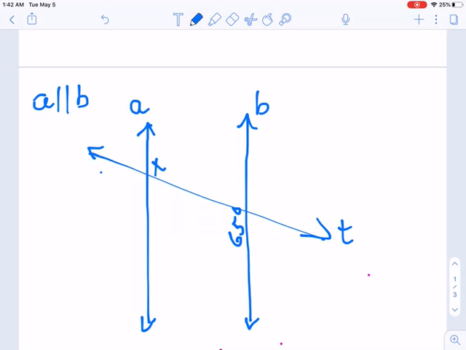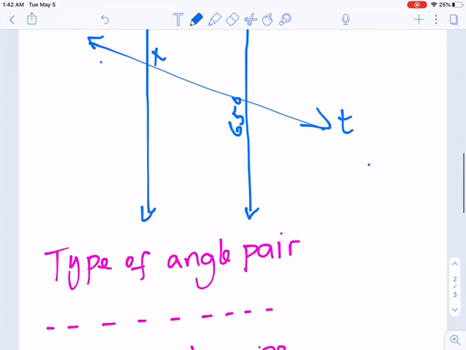What type of angle pair is being formed here, and what relationship would that be? You're going to write down for me the type of angle pair. Is it corresponding angle? Is it vertical angle? Is it alternate interior, alternate exterior? Is it same side interior, same side exterior? Are they linear pairs? So identify the type of angle pair.